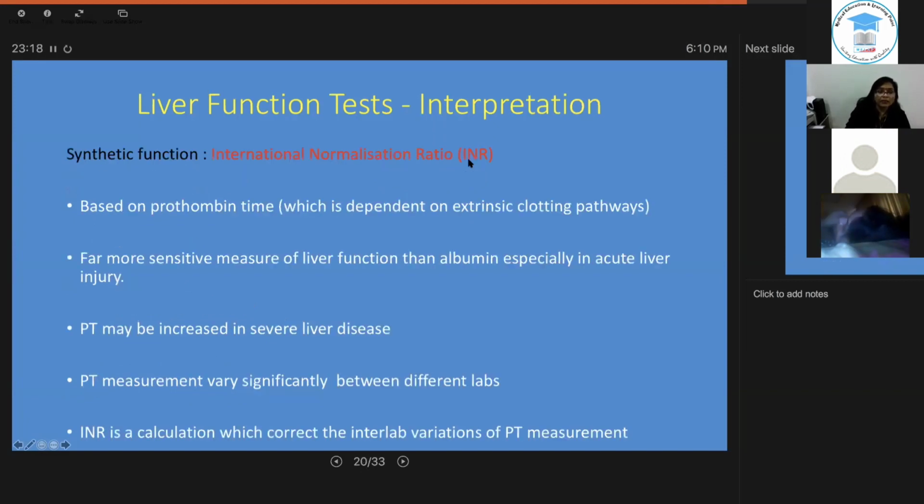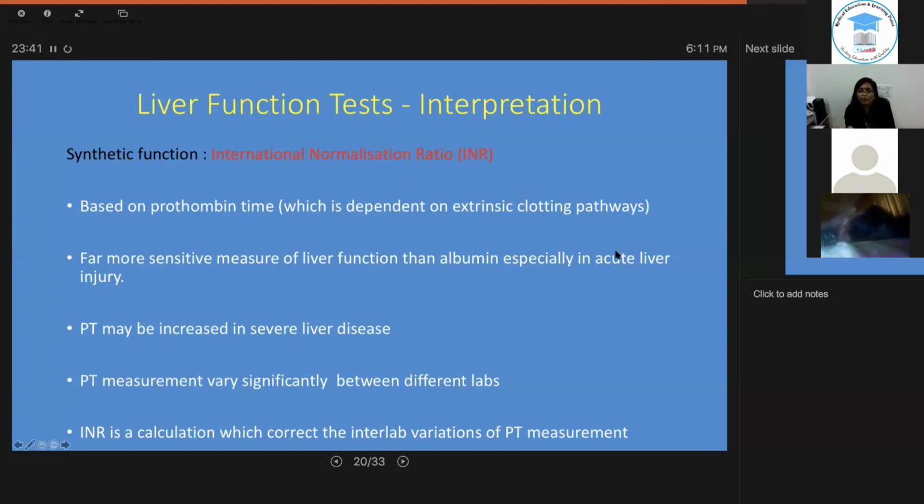Next, the next synthetic function is PT or INR. PT INR is based on prothrombin time. Prothrombin time depends on the extrinsic clotting factor pathways, and this is far more sensitive than albumin, especially in acute liver failure.